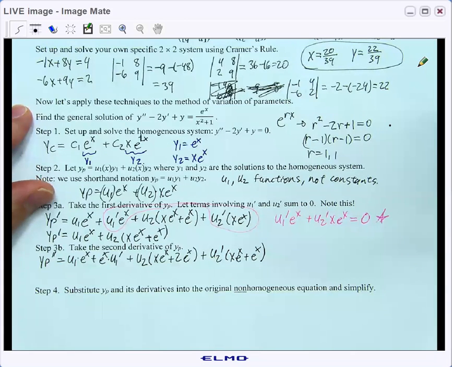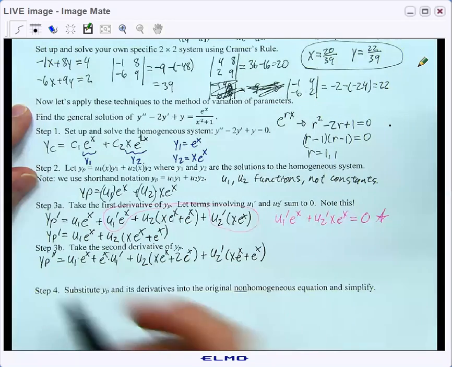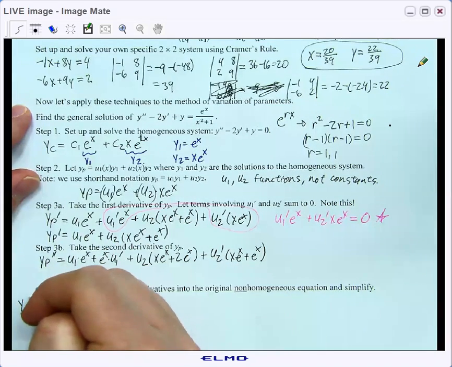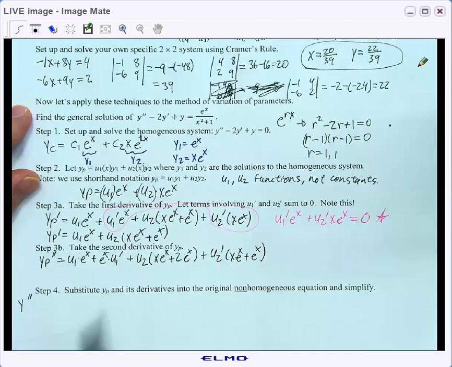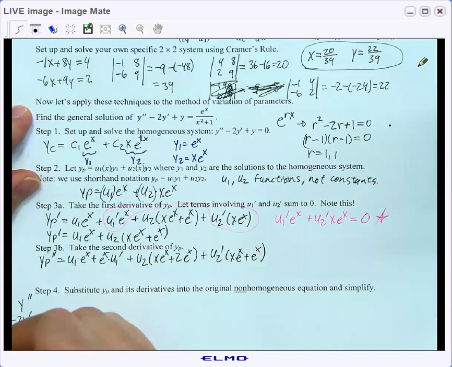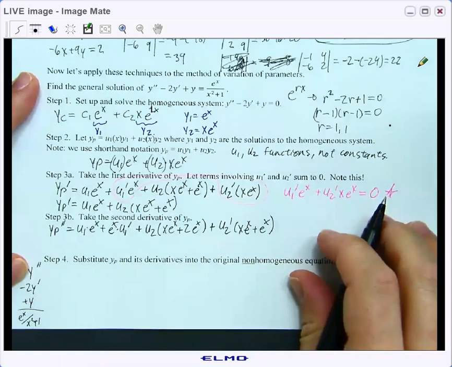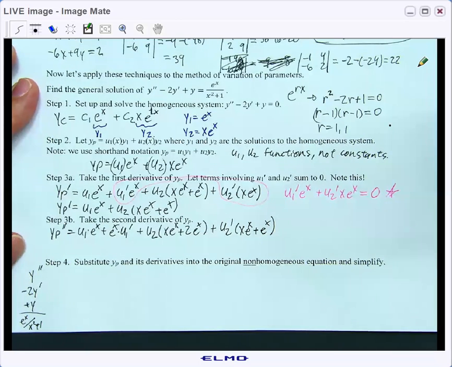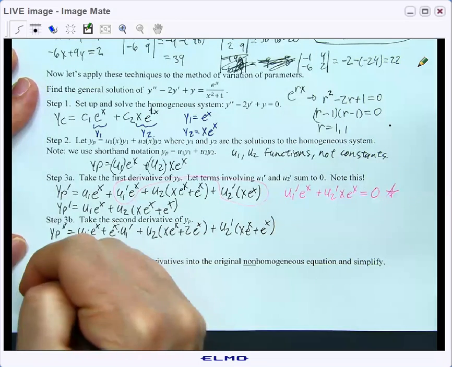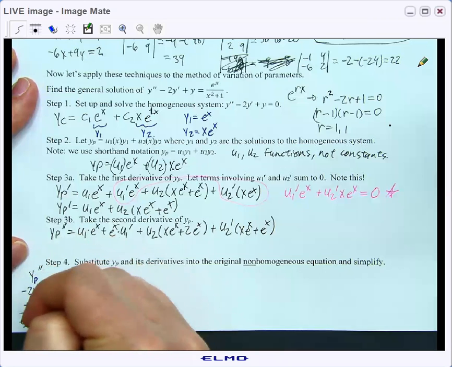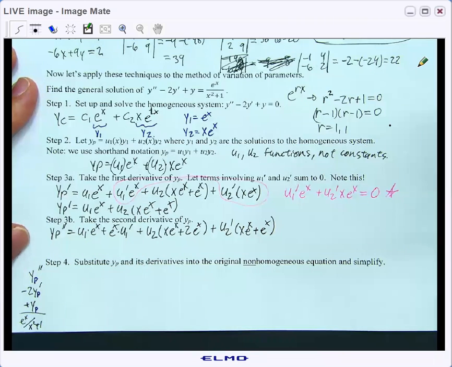Okay, so now we're going to remember our original differential equation was y double prime minus 2y prime plus y equals e to the x over x squared plus 1. Let me move that up so you can see that. And what we're trying to do is pick up the non-homogeneous piece, so let's take those y sub p's.